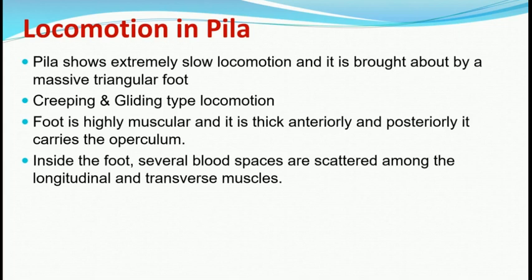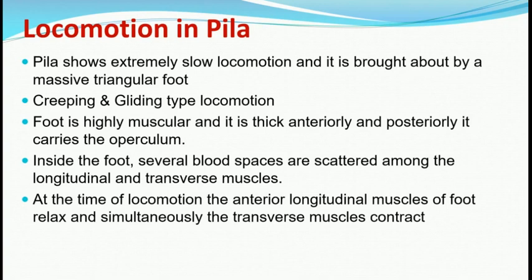So there are two types of muscles, longitudinal and transverse muscles, and in between them you have these several blood spaces. Now at the time of locomotion, both these longitudinal and transverse muscles come into play. So there is alternate contraction and relaxation of these two types of muscles which results in the movement of the animal.